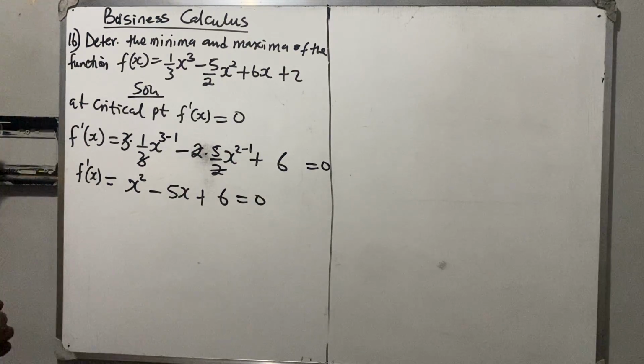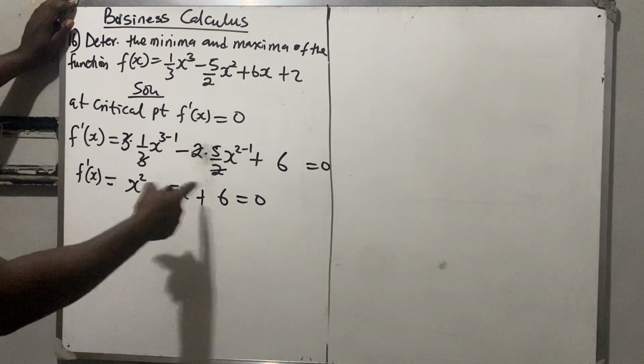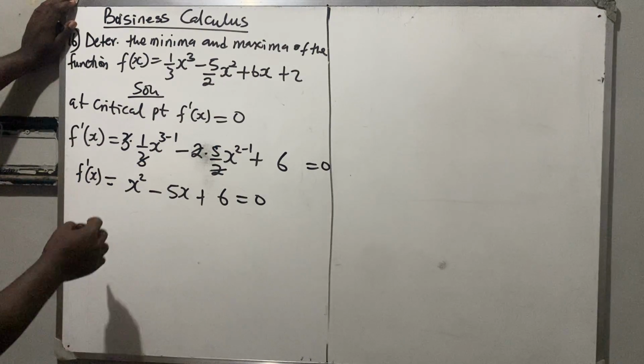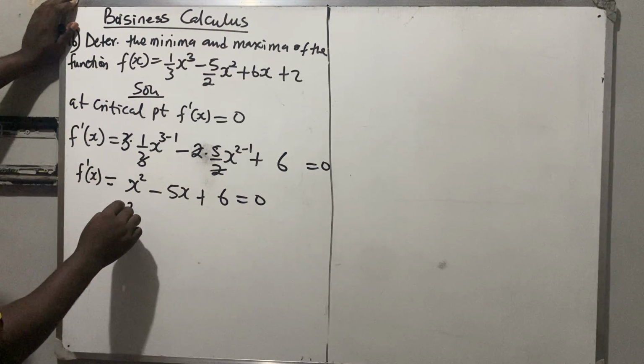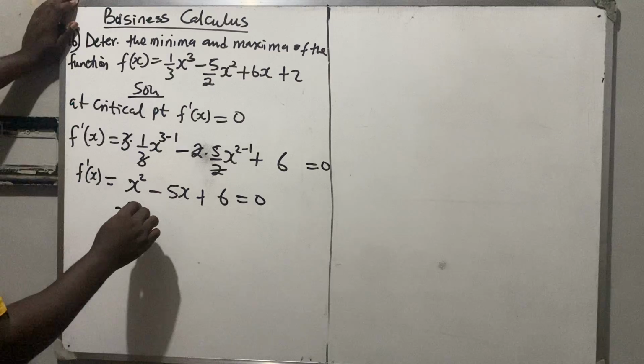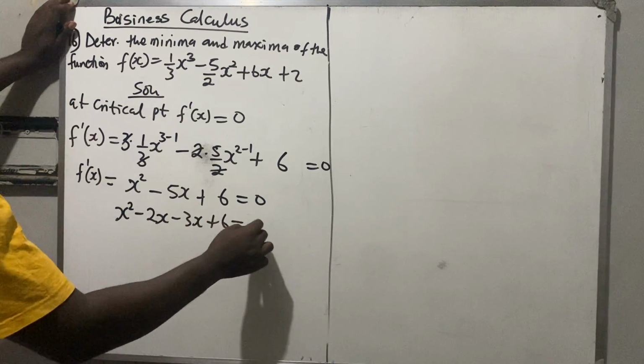So let us now factorize it. You can use factorization, or your quadratic formula, or a calculator to find the value of x. By factorization, I have x squared minus 2x minus 3x plus 6 is equal to 0.